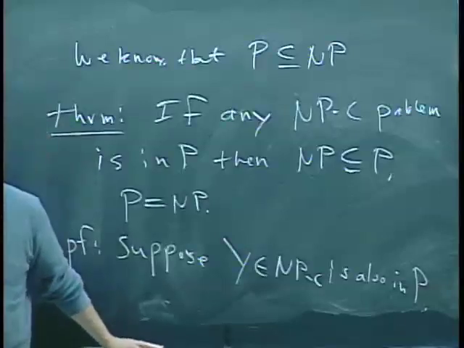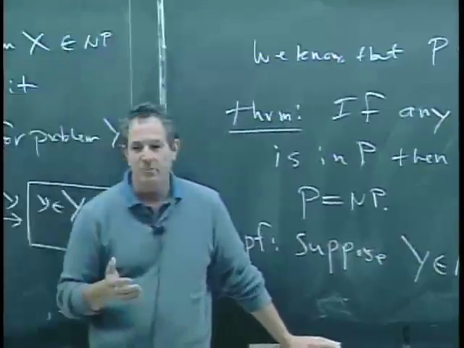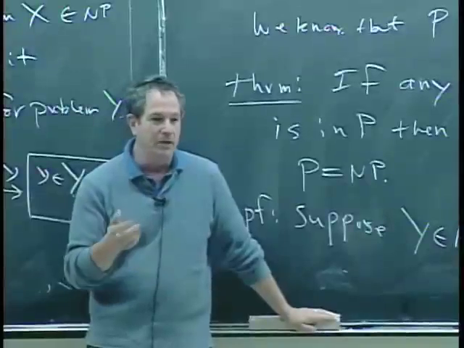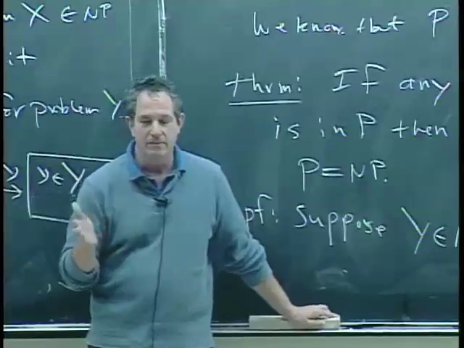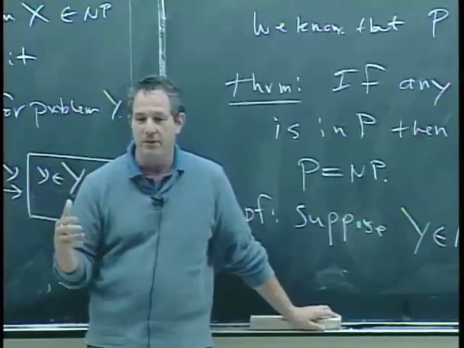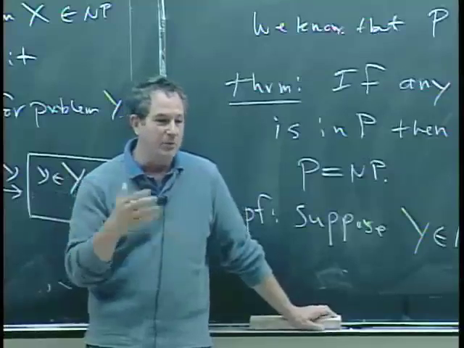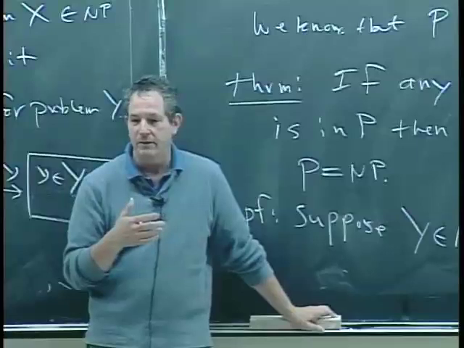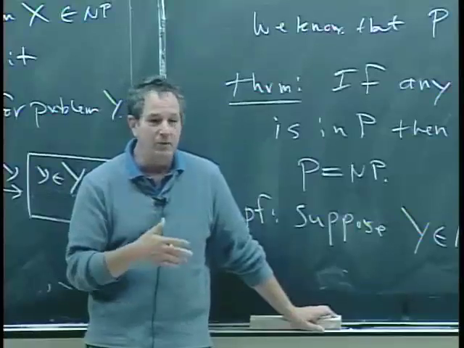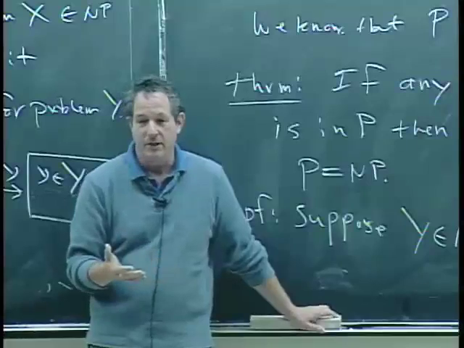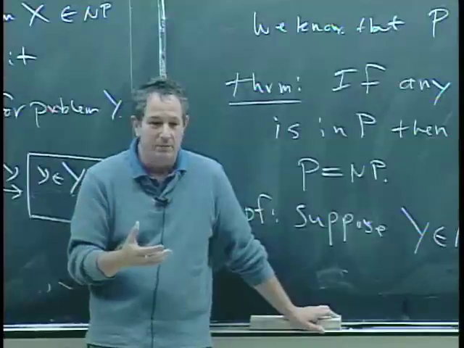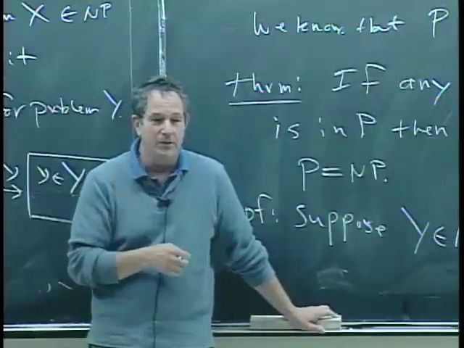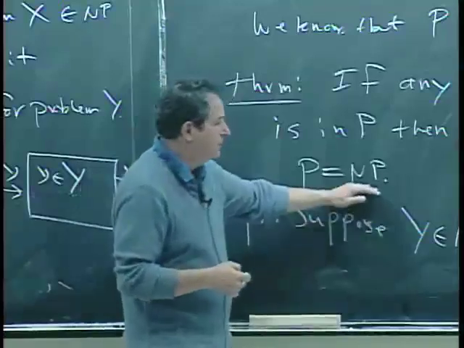Pretty much every problem that we can think of is in NP, and we can show it rather trivially, such as vertex cover, where the proposed solution is just a subset of vertices, and the polynomial time algorithm is just looking at them, a trivial check. So being in NP is no great distinction.